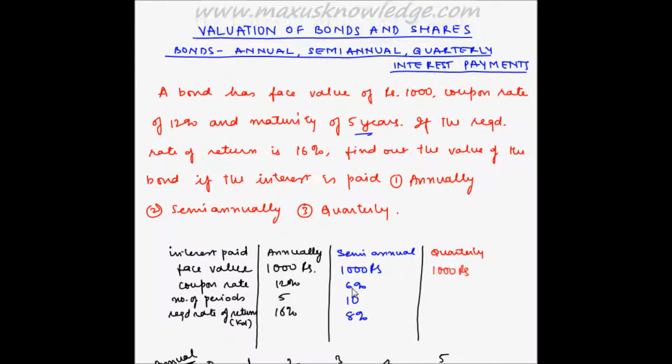On a semi-annual basis is 6%. Now quarterly is half of semi-annual. So coupon rate will become 3%. Number of periods will be twice that of semi-annual number of periods. So this will become 20. And required rate of return, KD, will again be half of semi-annual, which is 4%.